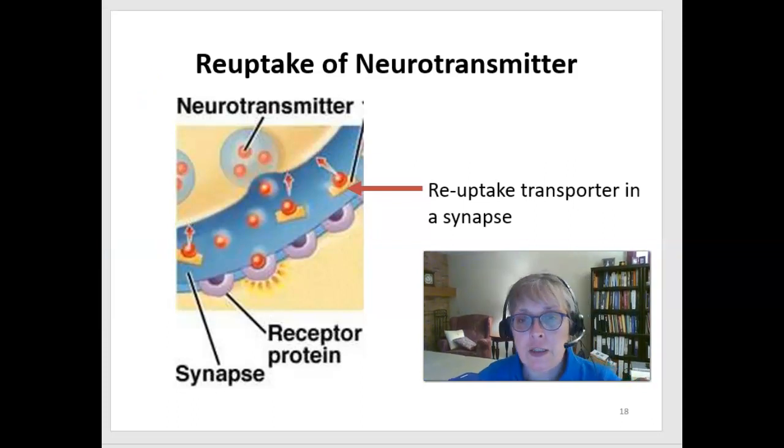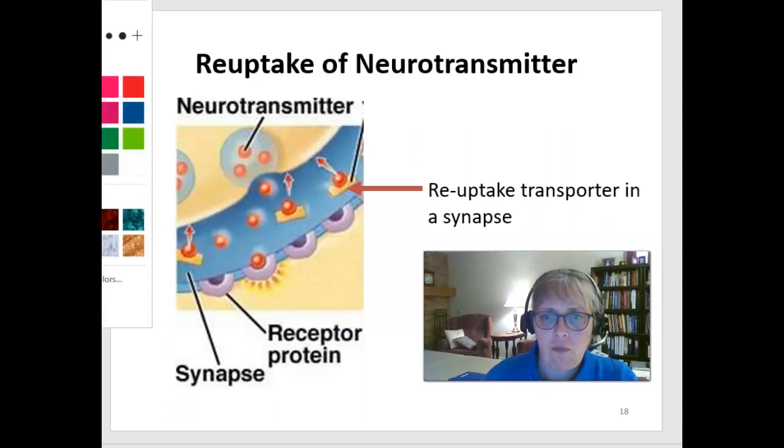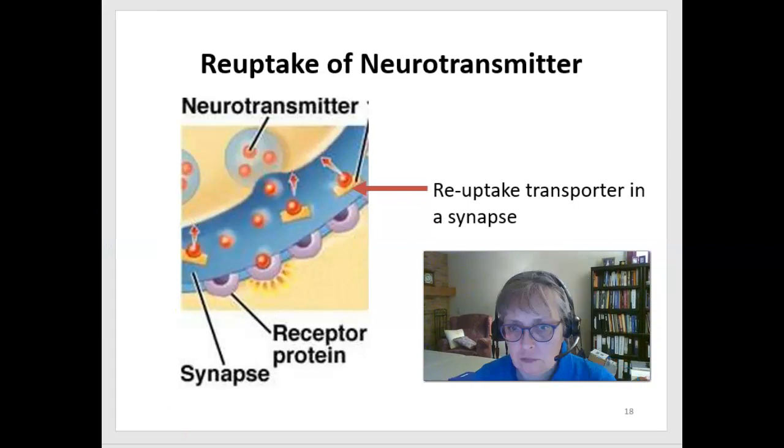Okay, the neurotransmitter is released from the presynaptic neuron, and it binds to a receptor that's on the postsynaptic cell. Sorry, I had technical difficulties again.